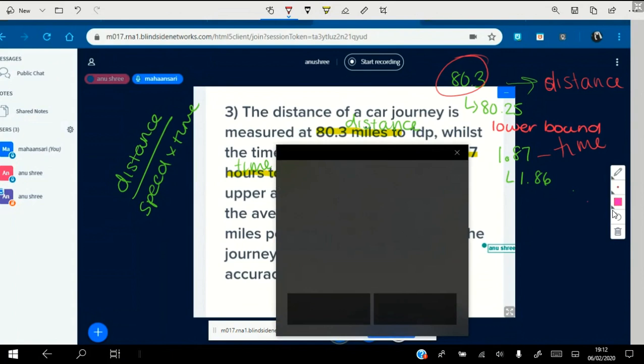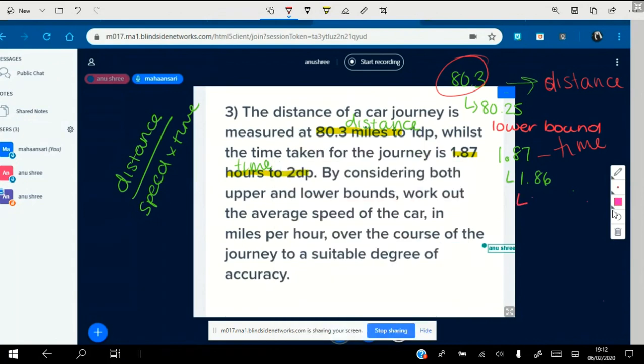Yeah, so 80.35 upper and 80.25 lower. And then this one, is this lower bound correct? 1.865 it should be actually, because if we go back to the question, it's for a single decimal place. Okay, so it's going to be 80.25 over 1.865.